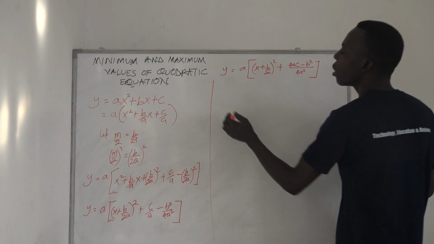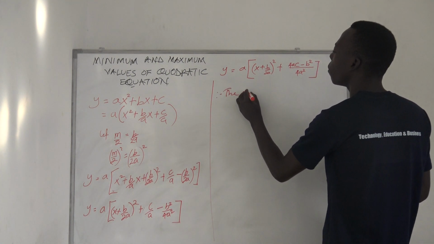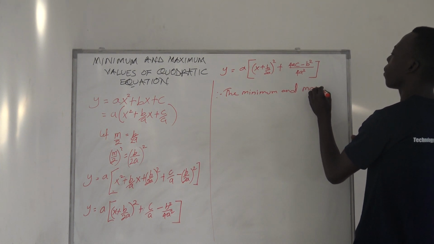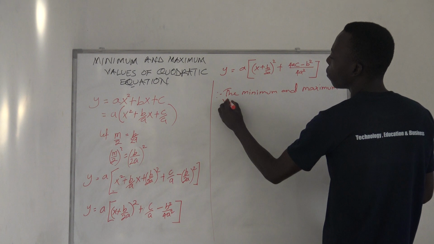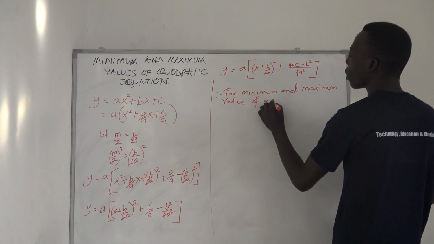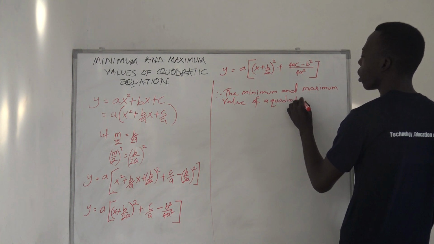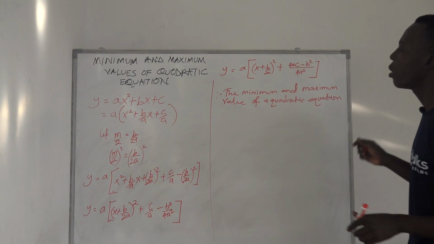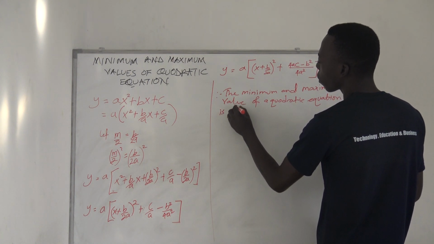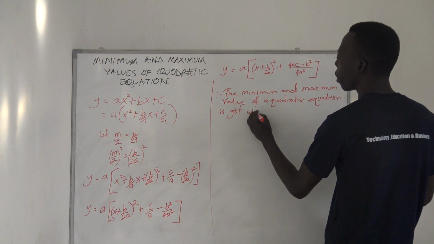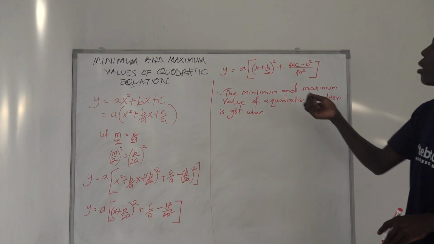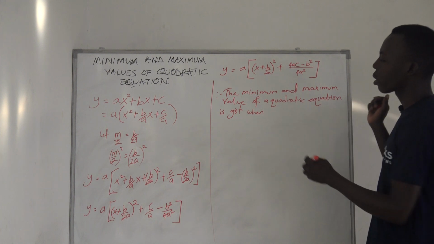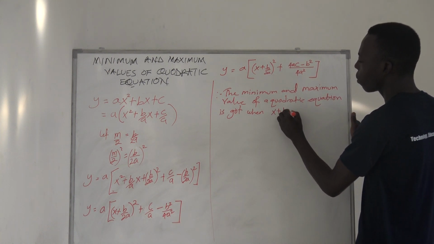So from there, say therefore the minimum and the maximum value of a quadratic equation is got when this one, x plus b out of 2a, equals 0.